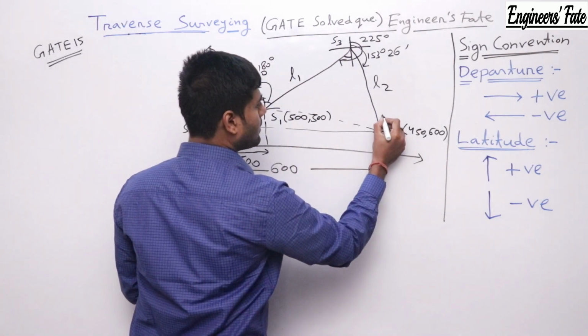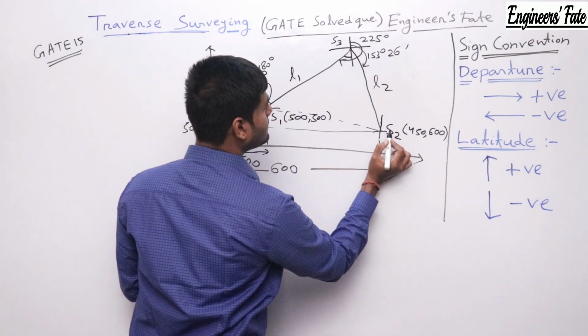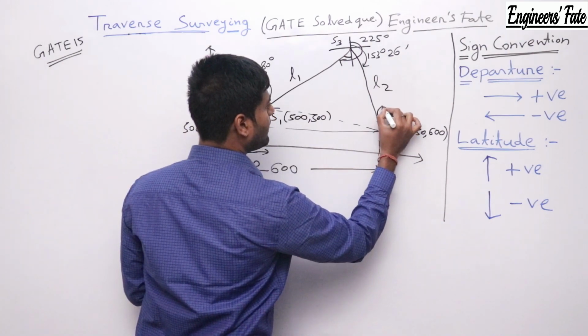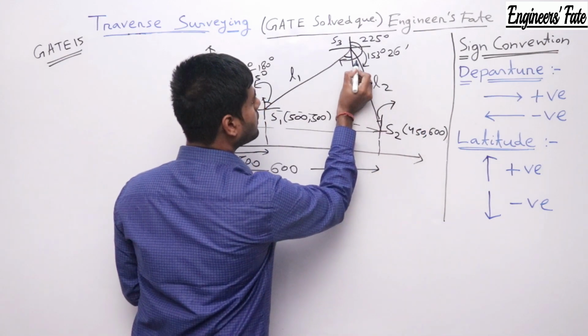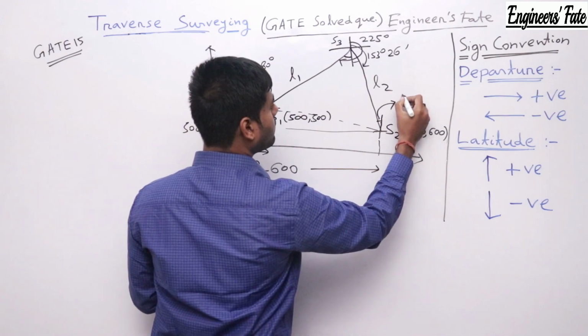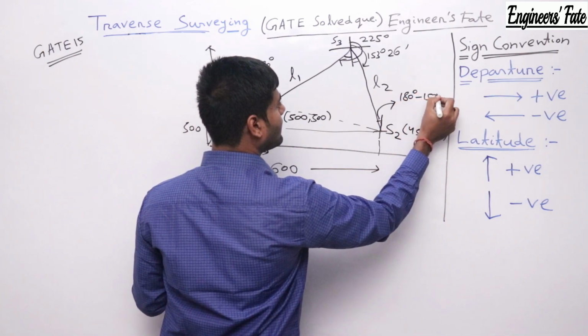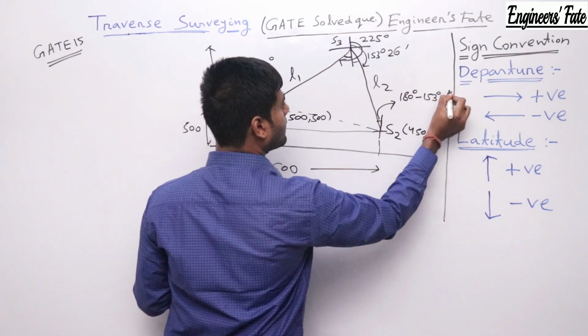And remember, I also need this value. So this value will be equal to this small value. So what is this value? This value is 180 degree minus 153 degree 26 minute.